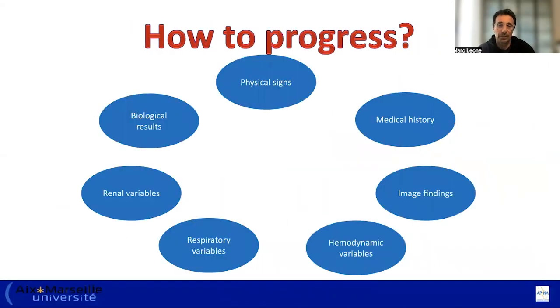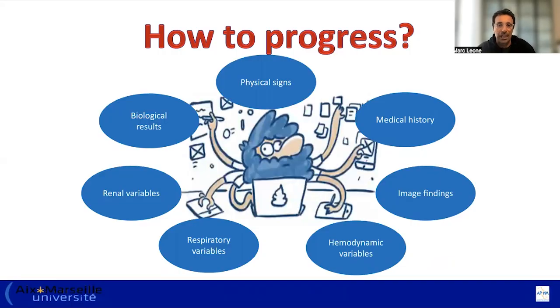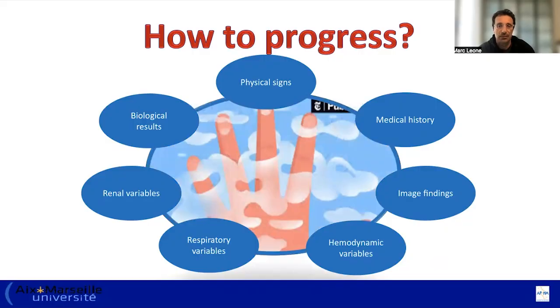So we have to progress, because we have so many variables to assess. We have the physical signs, the medical history, the biological results, the imaging findings, the hemodynamic, respiratory, renal and liver variables. So how can I compute all these variables myself? Personally, I can manage only 4 or 5 variables maximum.